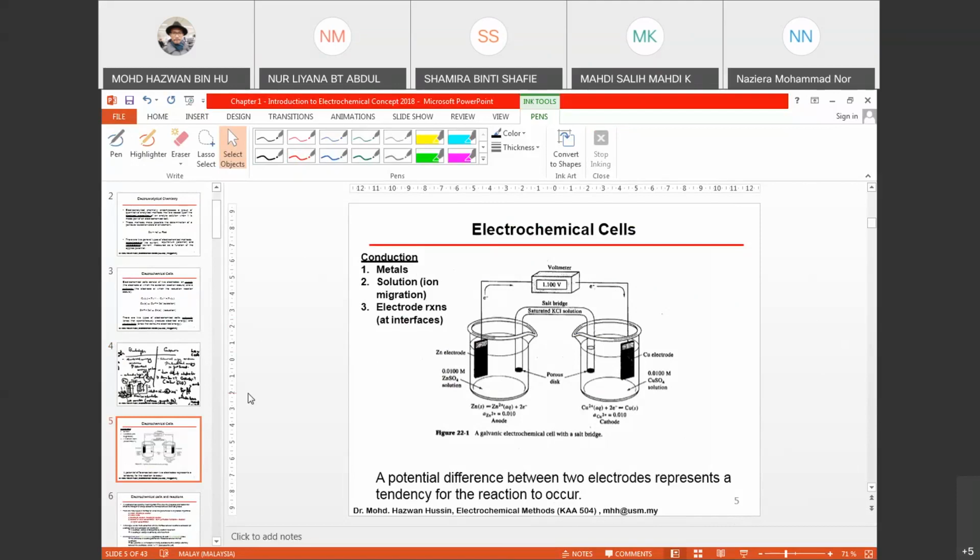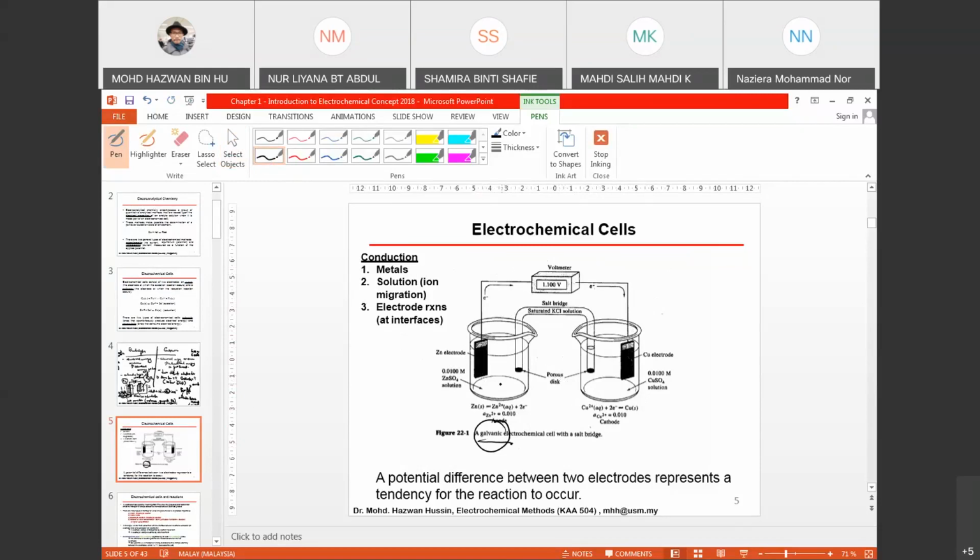So this is an example. Is this electrolytic or galvanic? This cell, is it electrolytic or galvanic? Based on what I have explained earlier. Galvanic. Yeah, but how can you determine it is galvanic?